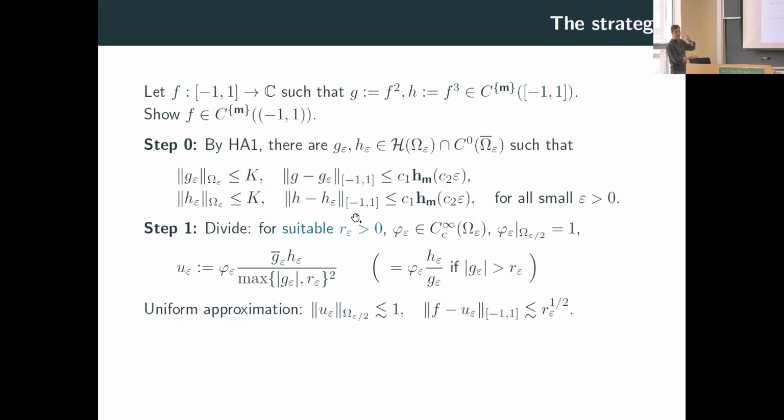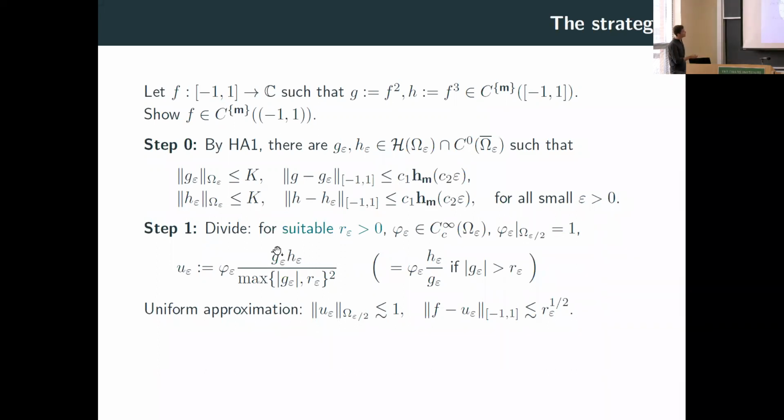So this is rather delicate. The function phi epsilon you see here in front is a cutoff function. So it's a C infinity function which has support in the ellipse omega epsilon, and it's equal to 1 on the smaller ellipse omega epsilon half. So this is also just for technical reasons.